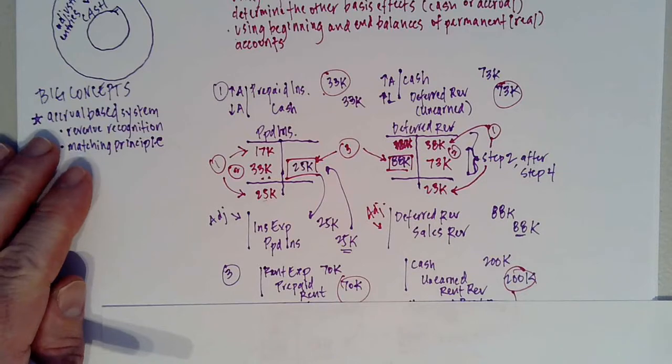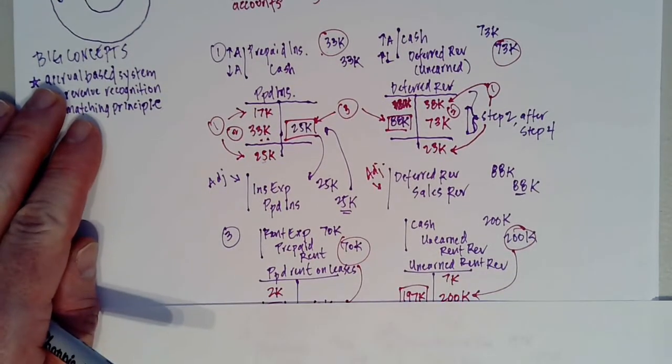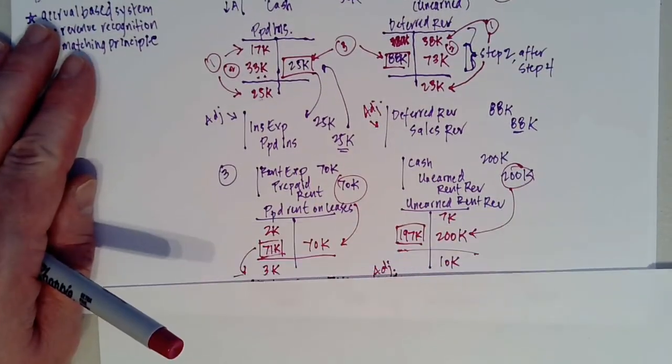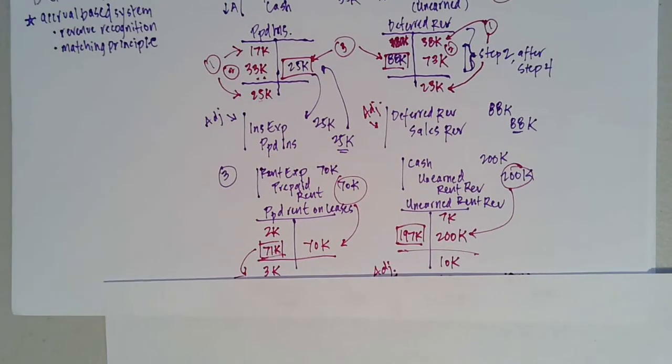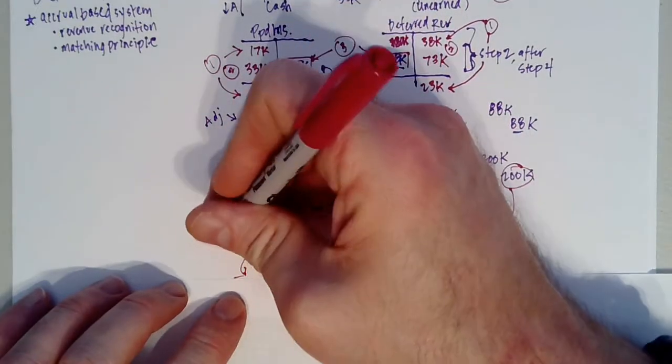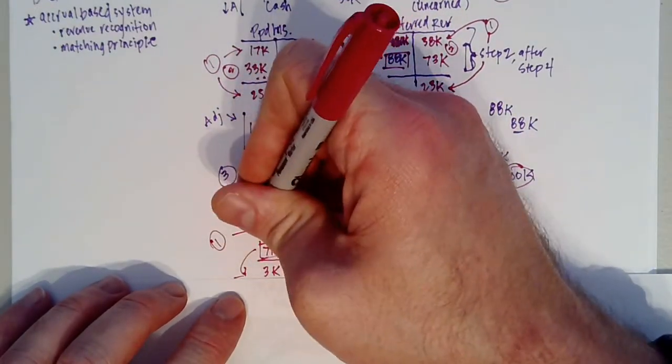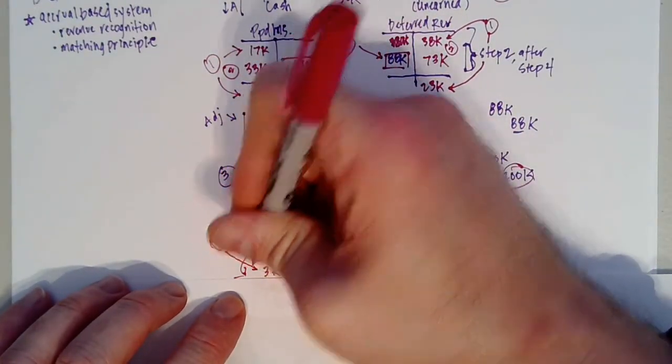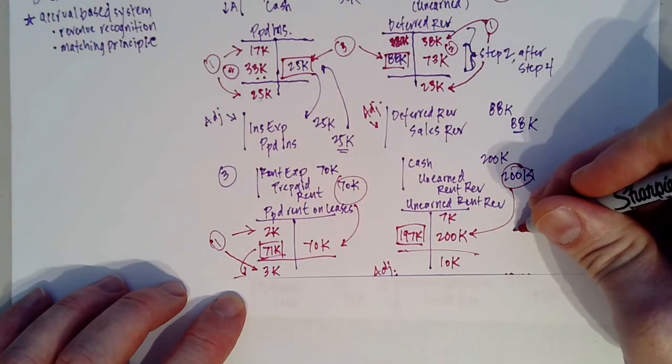So now that we have those two pieces, we can go ahead and again lay out the account work, prepaid rent and unearned rent revenue. We follow these real accounts. Remember, step 1 is to use the balance information to appropriately record the beginning and ending balances.